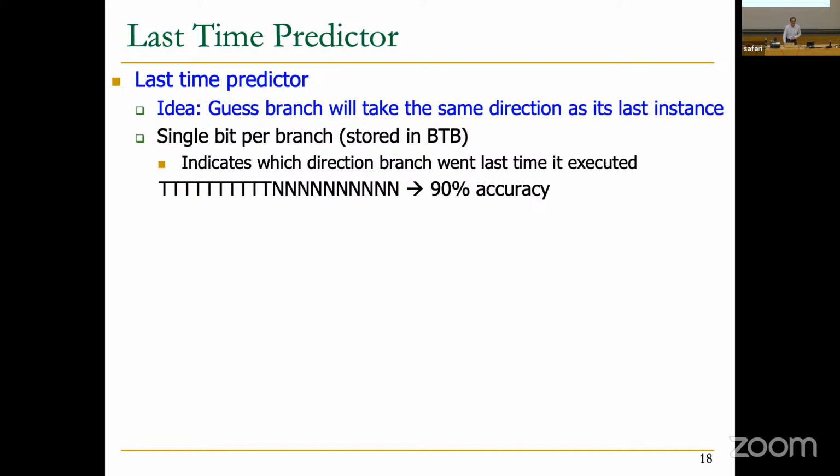Okay, so we're going to start with a very simple idea, last time predictor. Basically, do what you did last time. Like you guys are employing this mechanism. Most people are sitting where they're sitting last time, right? For how many of you is it true? Okay, not bad. For how many of you is it not true? Okay, so it's not a very good prediction mechanism, maybe.